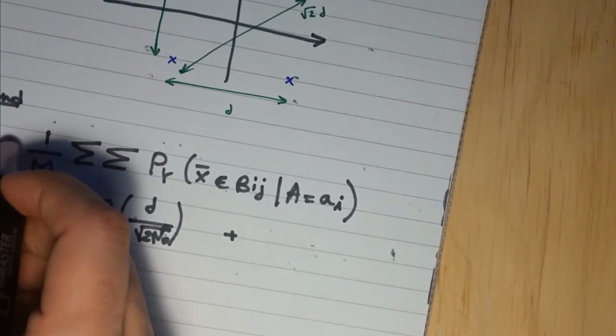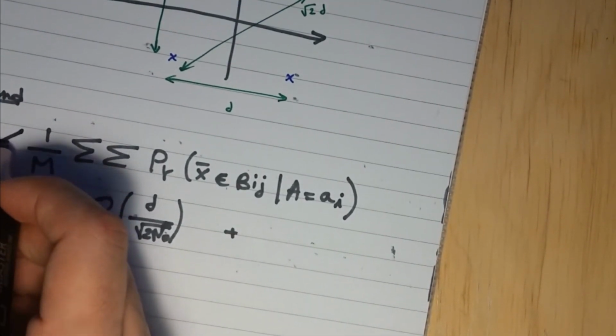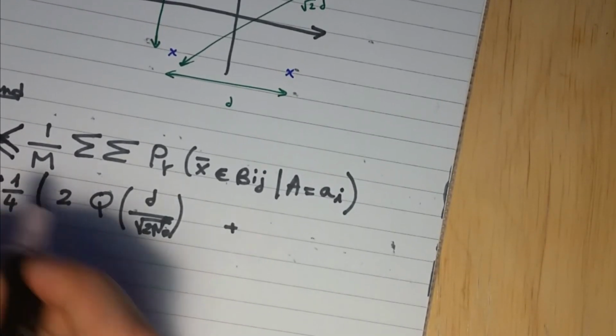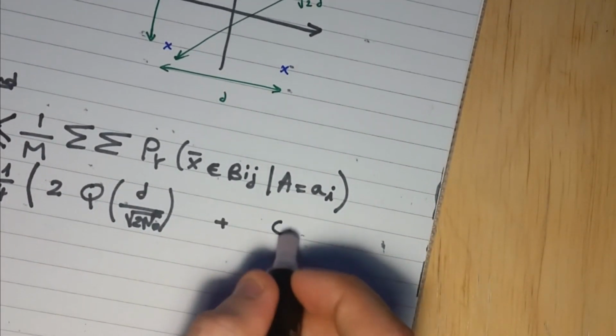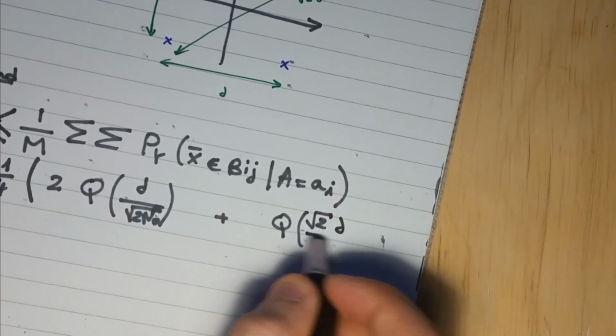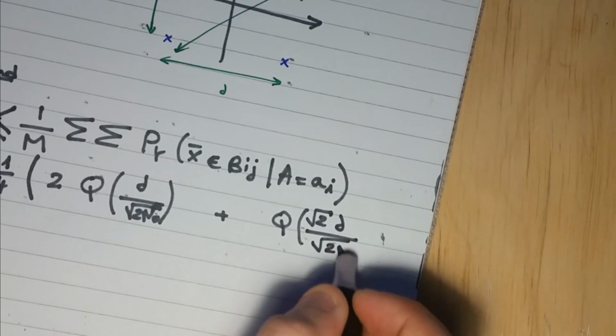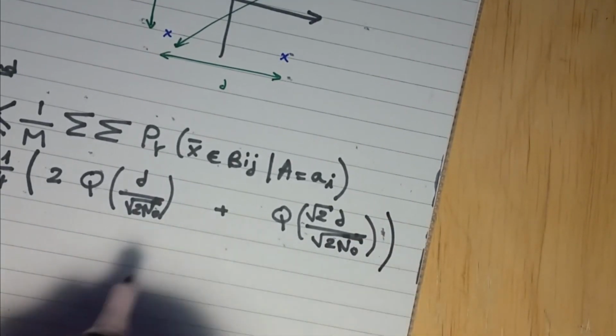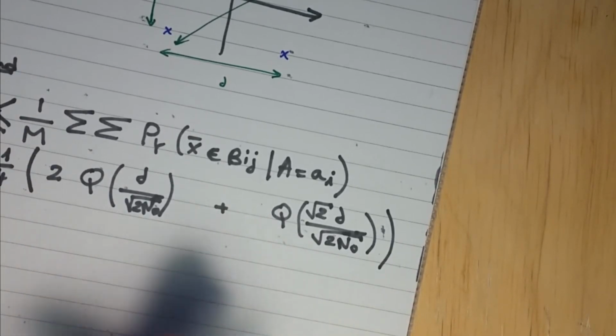Sorry, it's not equal, it's smaller. Our probability of error is smaller than this, so we're overestimating it in the union bound. And here it's Q of square root of 2 d over square root of 2N0.